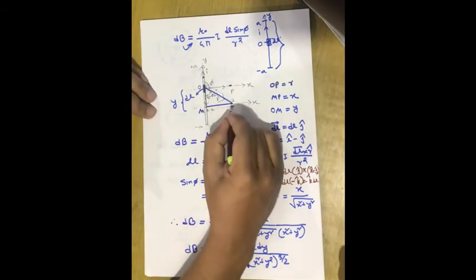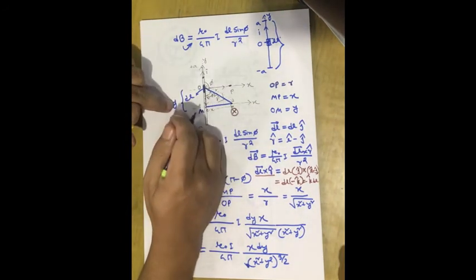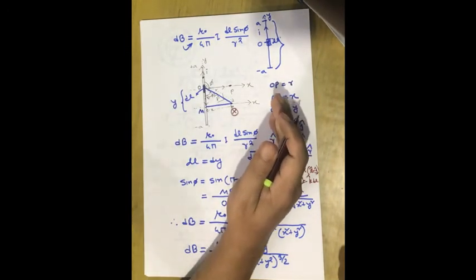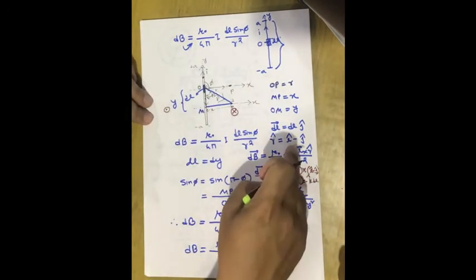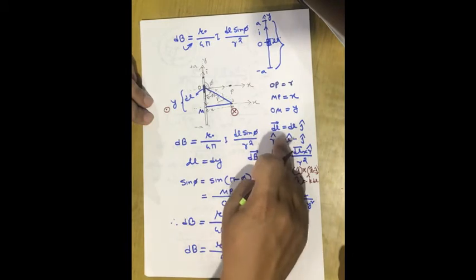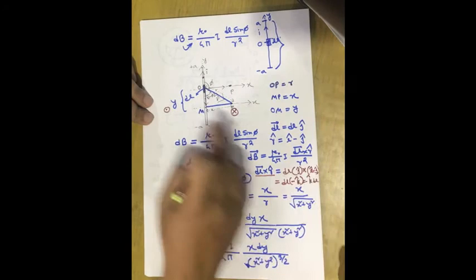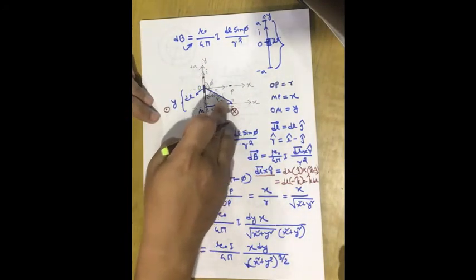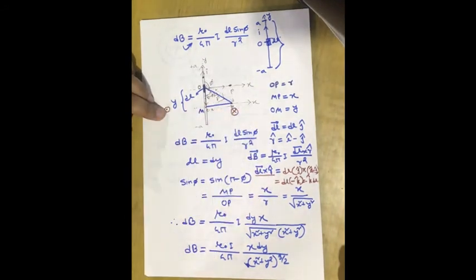On the left hand side, r cap will be minus i minus j, and if you take the cross product it will be plus k. So on the right hand side the magnetic field is into the plane of paper, and for a similar point P on the left hand side, the magnetic field will be outside the plane of paper.